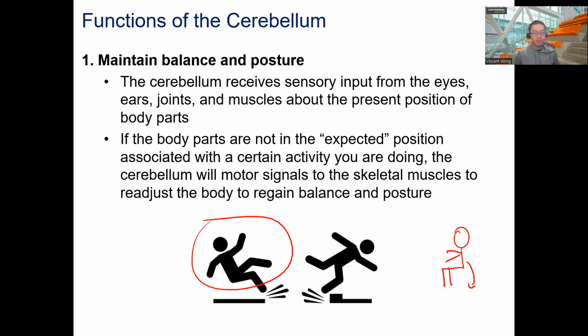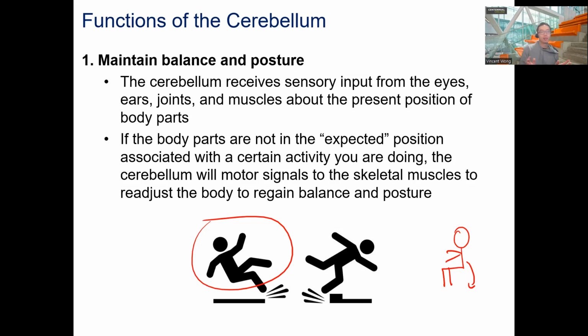Do you understand what I mean? You could be walking, like this morning, I was walking, and all of a sudden I started slipping. As soon as I slipped, my cerebellum was like, oh, this is not what walking should look like. Your head should not be way behind your back. Then my body automatically shifted the weight and moved the hands and everything, trying to balance out until I stood back up to the reference position.